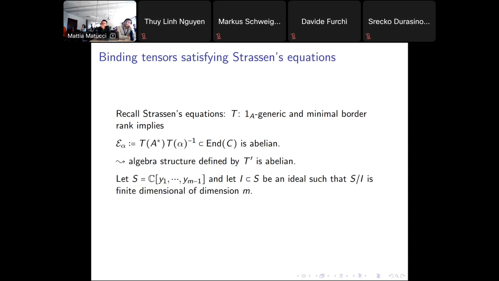And in fact, we can explicitly describe it as the quotient of a polynomial ring by an ideal. The algebra itself is m-dimensional, so the zero set of the ideal will either be m points, or, in the language of schemes, a zero-dimensional scheme of length m.